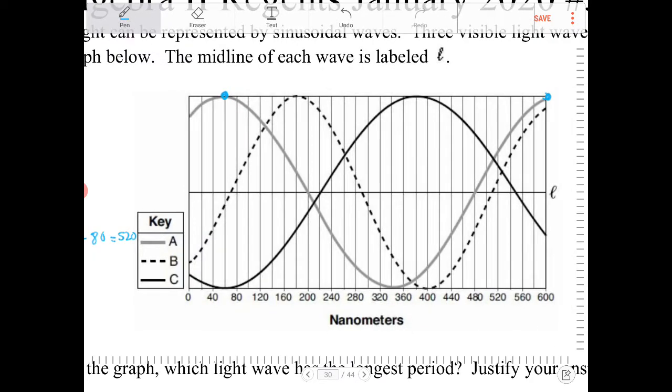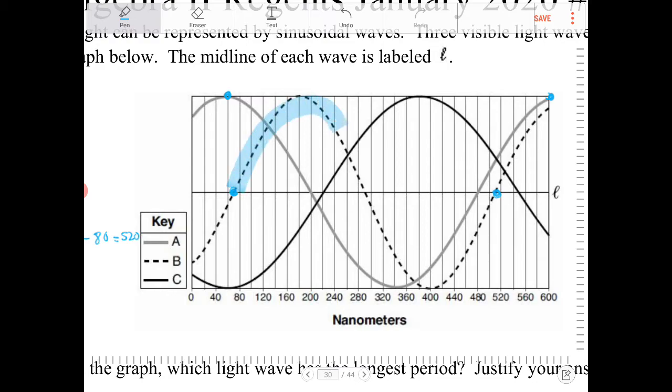Okay, so wave B, I need to go from peak to peak, right? Or from one point on the curve to the same exact point on the next cycle. So I want to say the point on the curve is right here to there. That's one full cycle right there, okay? Because if I go again, this is one full cycle, all right?